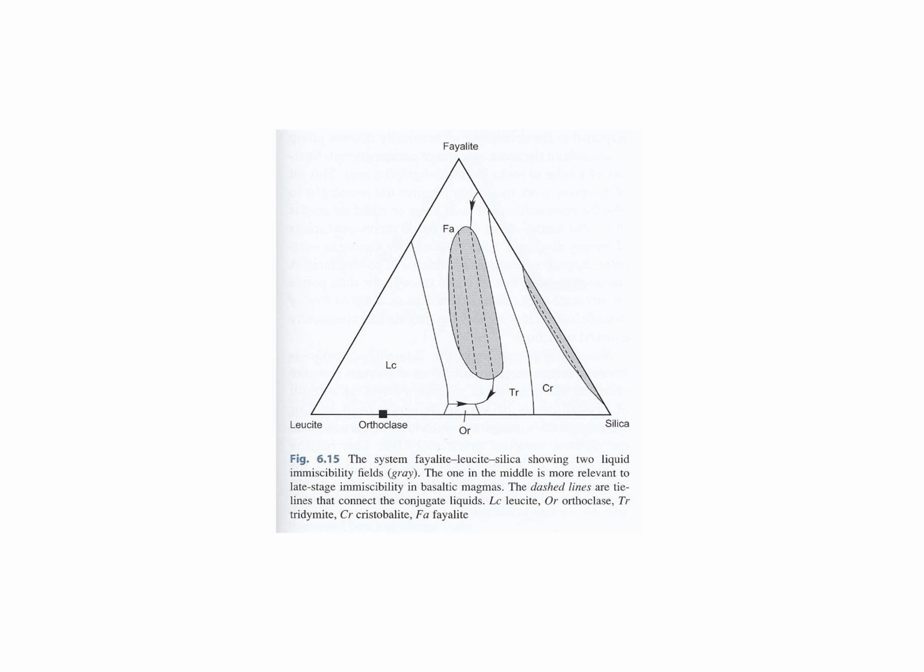LC is leucite, OR is orthoclase, TR is tridymite, CR is cristobalite, and FA is fayalite. You know by now what an immiscibility field is. Such a composition does not exist in nature.